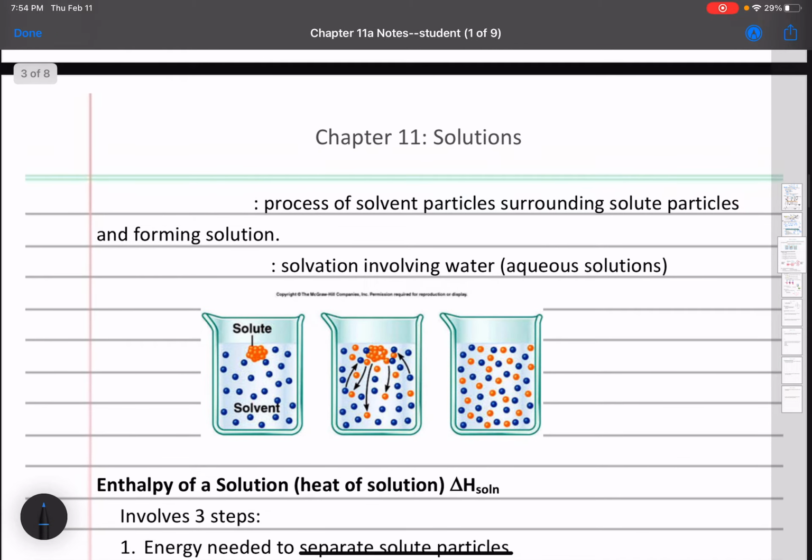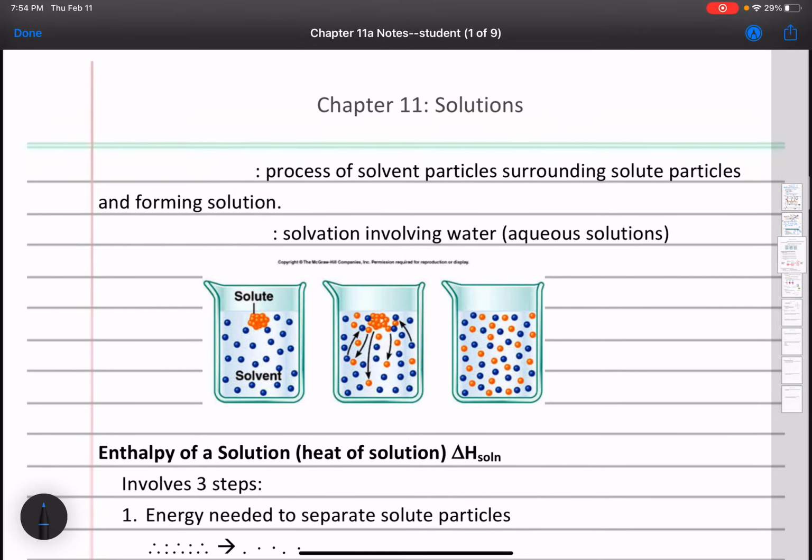Alrighty, so the process of forming a solution is known as solvation. We talked about state changes like vaporization and stuff. So this is just the name of this physical change. Solvation is a physical process.